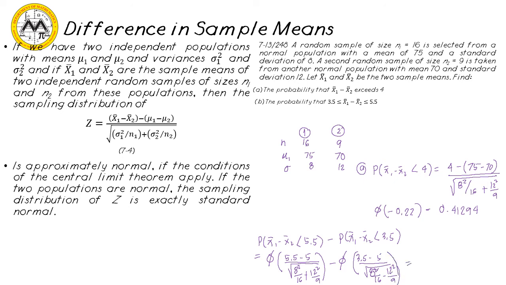So that would be phi of 0.11 minus phi of negative 0.33.